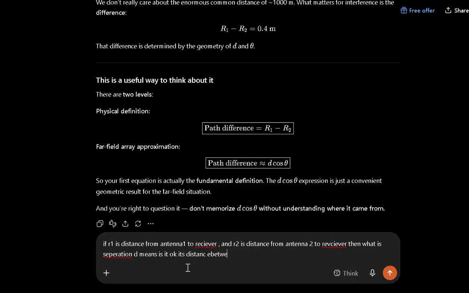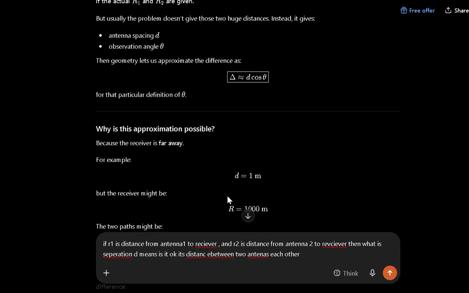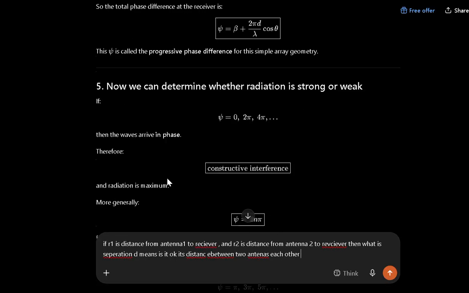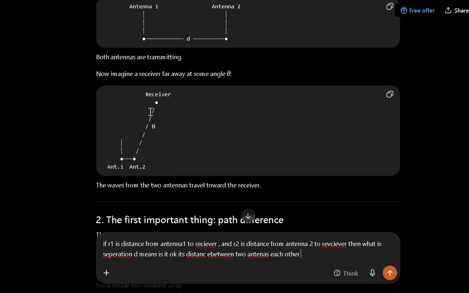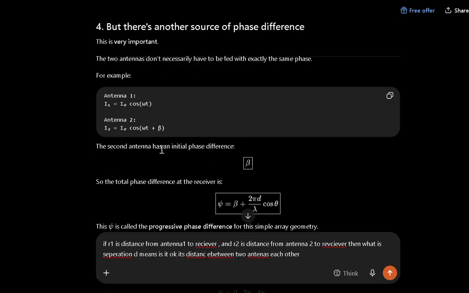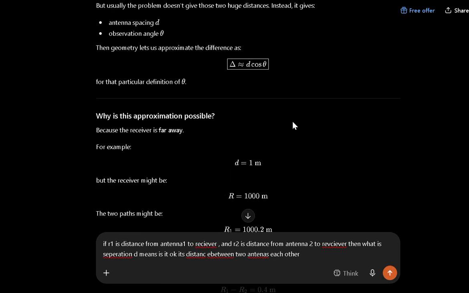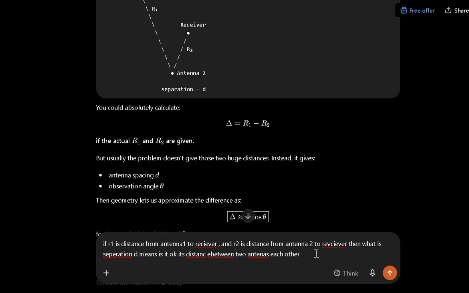Okay, d is the distance between the two antennas, given in the problem also. Then how will we know cos theta?